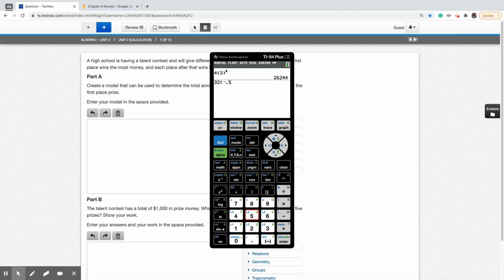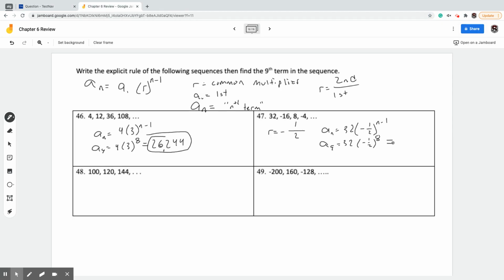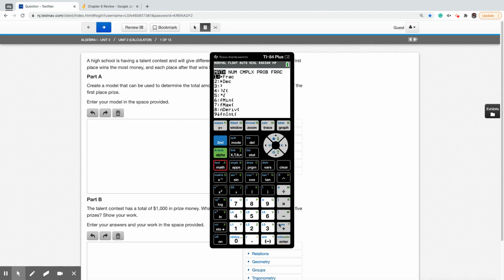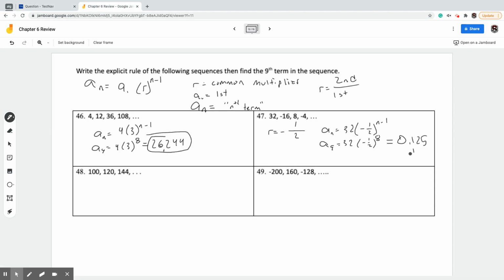I'm going to say negative 0.5 because it's easier than doing a fraction. Raised to the 8, I get 0.125. Now this is a multiple choice test, and I want it as a fraction. I do math, enter, enter, and I get that it's the same thing as 1/8. You would accept either answer.